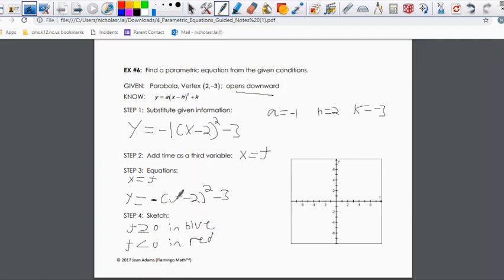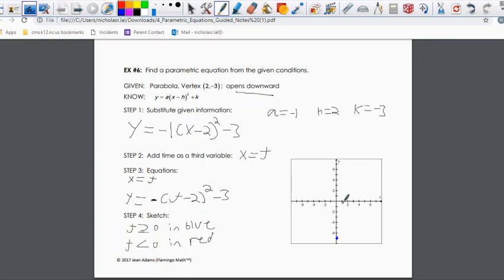Then we have negative 0 minus 2 squared, so negative 2 squared, which is 4 times negative is negative 4, minus 3. So that's going to be negative 7. All right. 1 minus 2 squared is going to be 1 times negative 1 is negative 1.